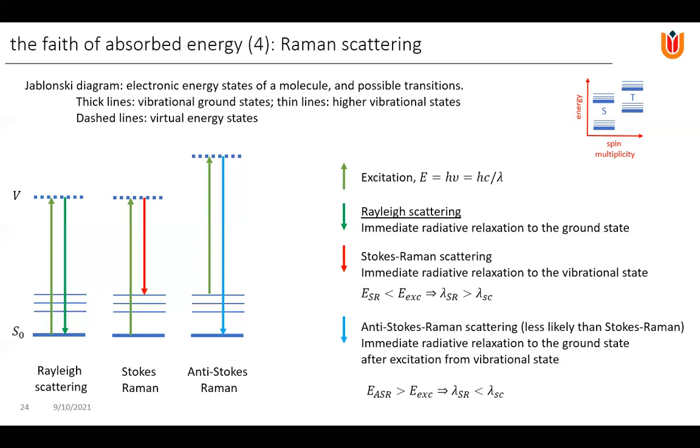Two variants from here are that you can excite a molecule to some virtual state and it will fall back not to the ground state, but to some kind of excited state. That would be called Raman scattering, Stokes Raman scattering.